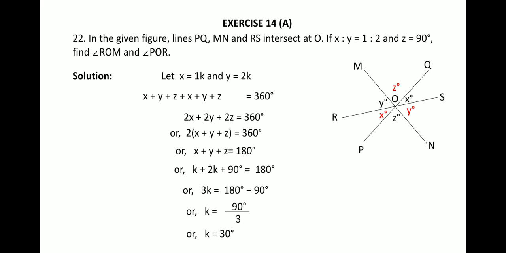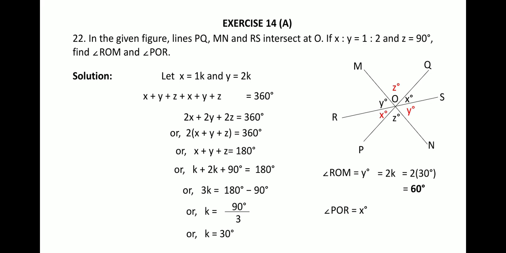Now we need to find angle ROM. Looking at the figure, we can see that ROM is equal to y degrees, and the value of y is equal to 2k. 2k means 2 into the value of k, which is 30. So 2 into 30 is equal to 60 degrees. So angle ROM is equal to 60 degrees is the first answer.